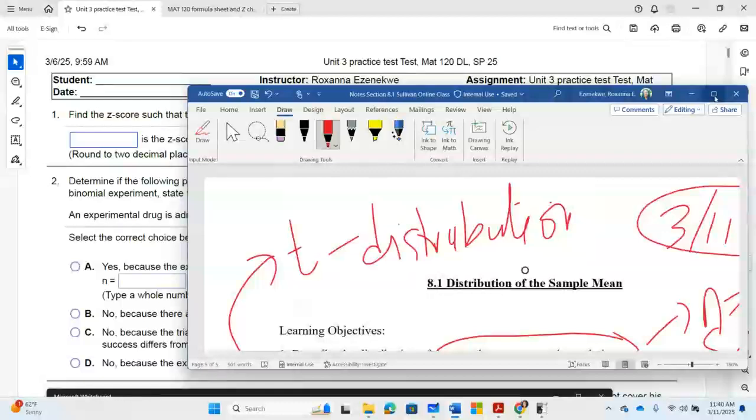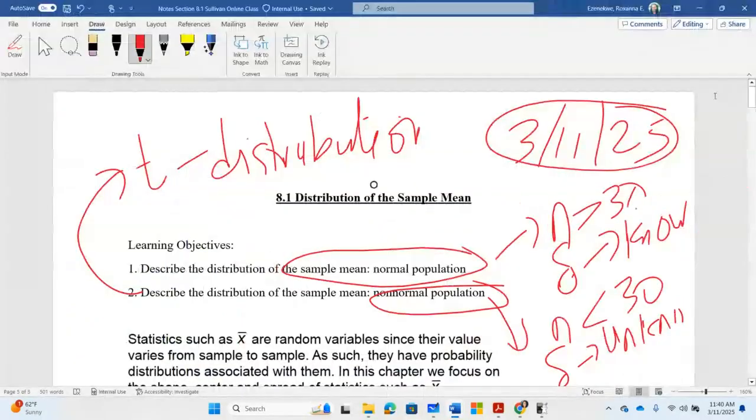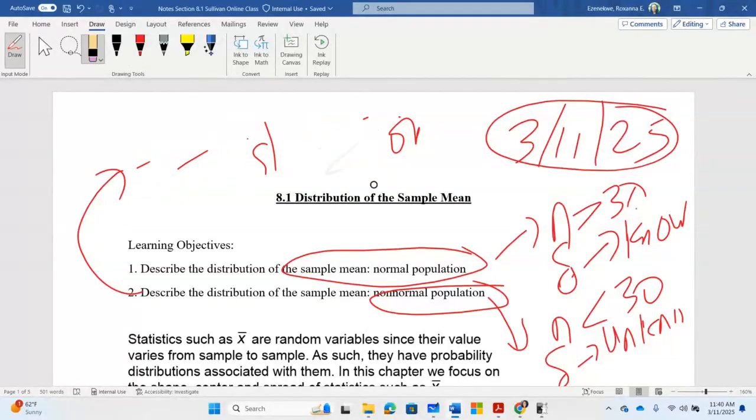Okay, so that's what I'm looking for. I got it here. All right, so remember, test number 3 contains 6.1, 6.2, 7.1, 7.2, and 8.1.